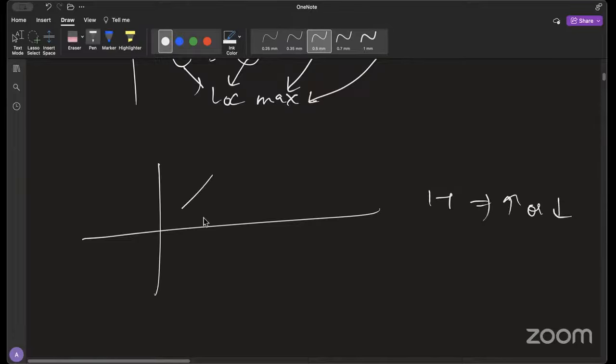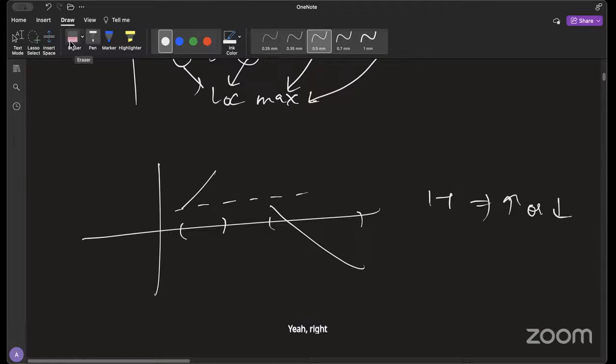If you have something like this, let's say I have this and then I have this, then this is a one-one function, right? And it's not increasing or decreasing in the entire domain.